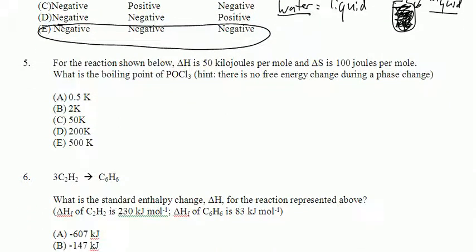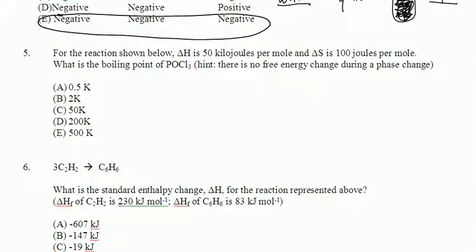Problem 5, this will be the last problem that I do on this specific YouTube clip. This is a little bit of a tricky problem, so I'm going to go through it slowly. For the reaction shown below, notice I do not show any reaction below. My bad. Let's see if we can do the problem anyway. Sorry about that. For the reaction shown below, not shown below, delta H is 50 kilojoules per mole.